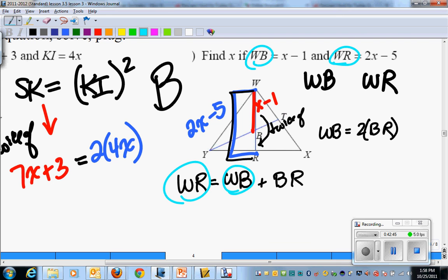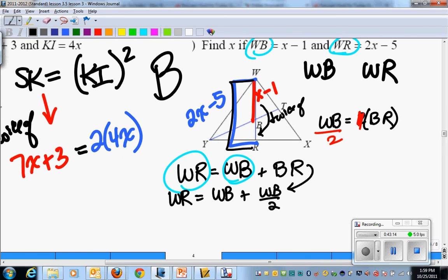But look what we do have. Half of WB would give me BR. Do you see what that is? So I'm going to write this underneath. I know WR equals WB plus WB divided by 2. I replace this for that. Did I lose anybody there?